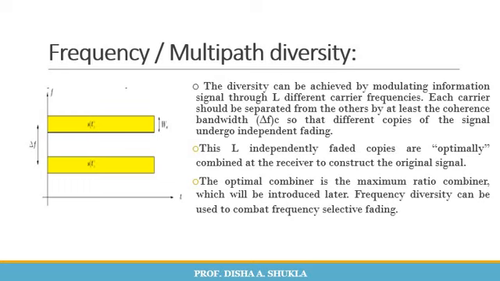These L independently faded copies are optimally combined at the receiver to construct the original signal. The optimal combiner is the maximum ratio combiner, which will be introduced later. Frequency diversity can also be used to combat frequency selective fading.